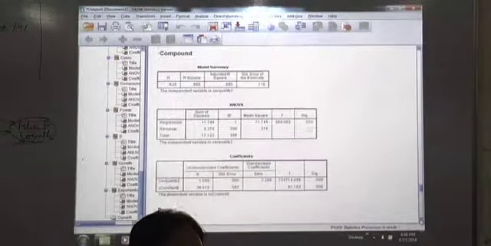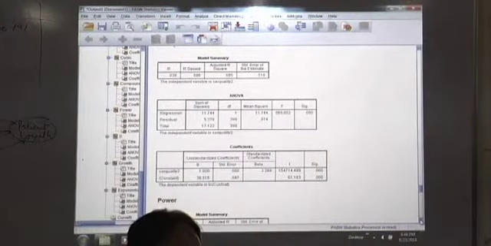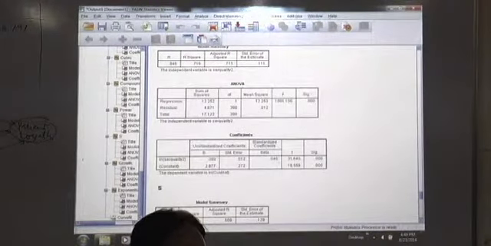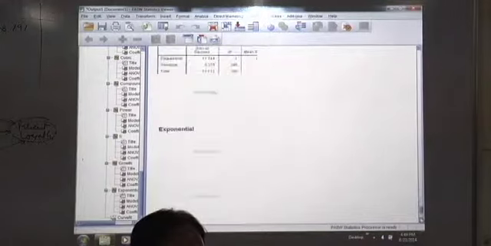Because we squared it. Compound has come down. Power is remaining the same. S has also come down.